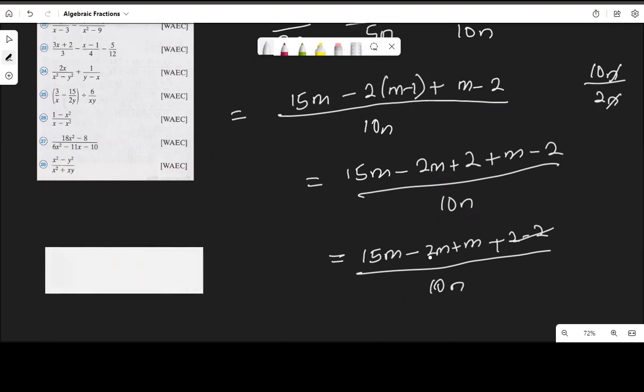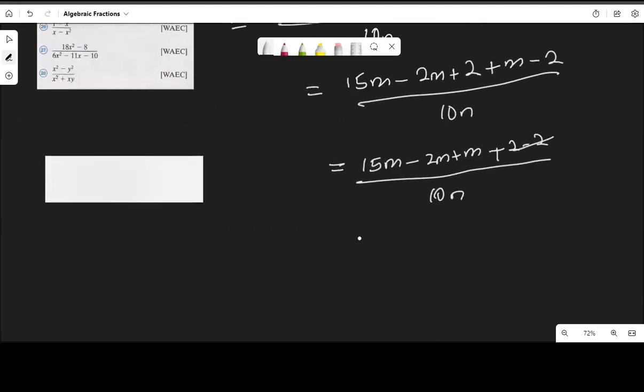Then 16m minus these 2m is 14m. We have 14m over 10n. 2 here 7, 2 here 5. So our answer is 7m over 5n.